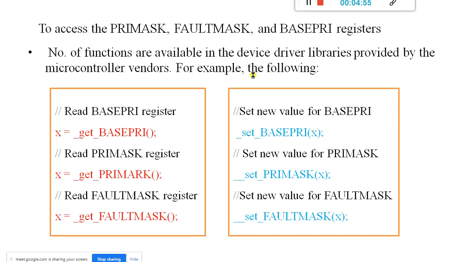Now, the other day we were talking about the different interrupt mask registers, that is PRIMASK, FAULTMASK and BASEPRI registers. If I want to access these registers to read or to set the value of a particular register, we have predefined device driver instructions, that is x = __get_BASEPRI().